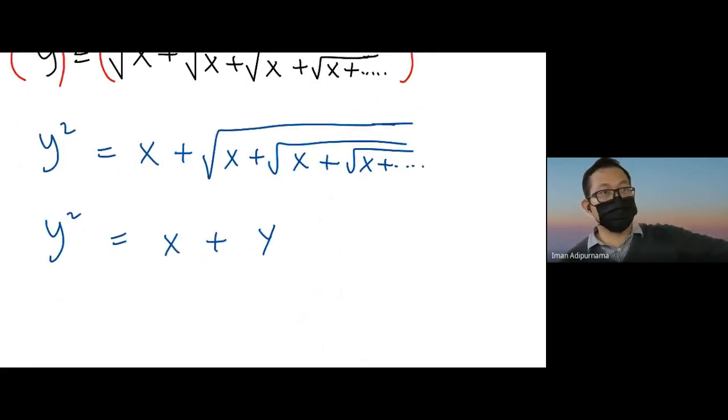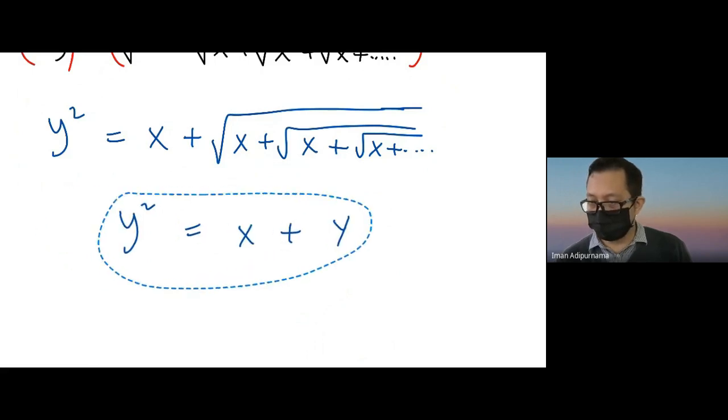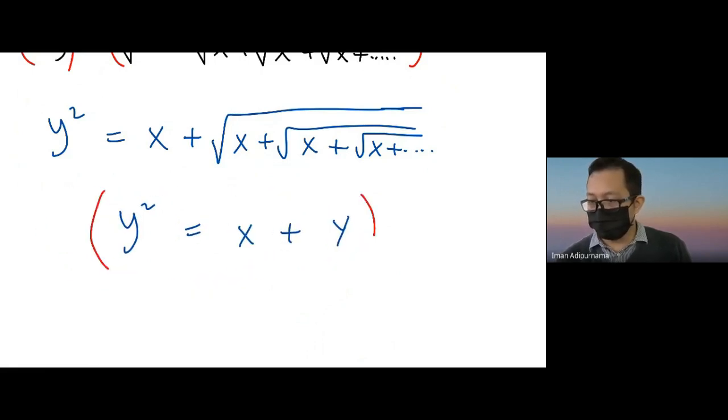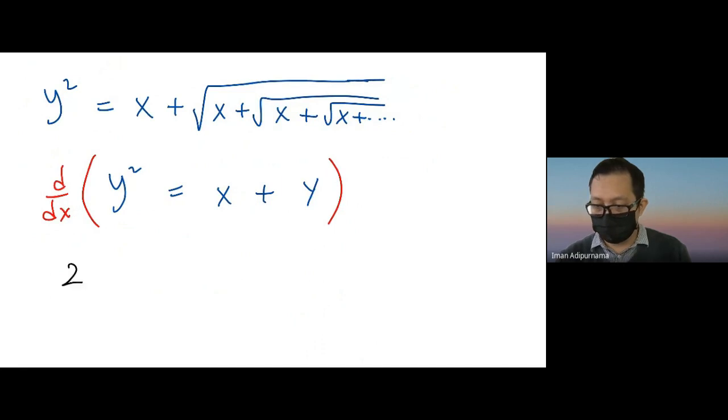Because it's the same property, it's infinite and unbounded. The next thing is I take the derivative of both sides, so I'm going to use implicit differentiation. Of course, you get the idea that this will become 2y dy/dx equals 1 plus dy/dx.